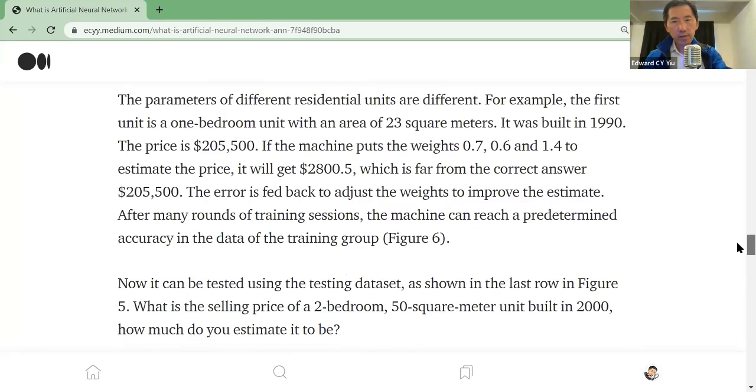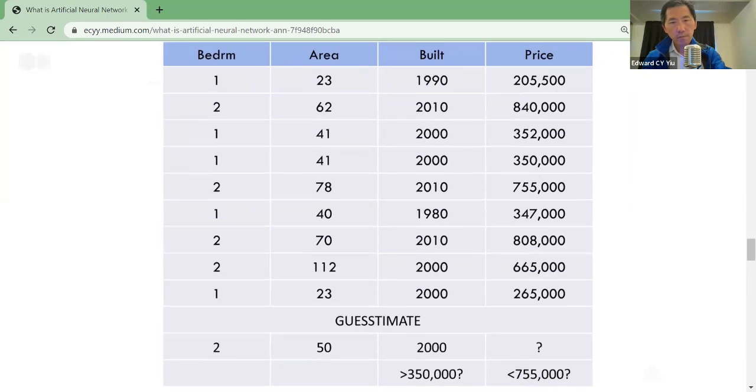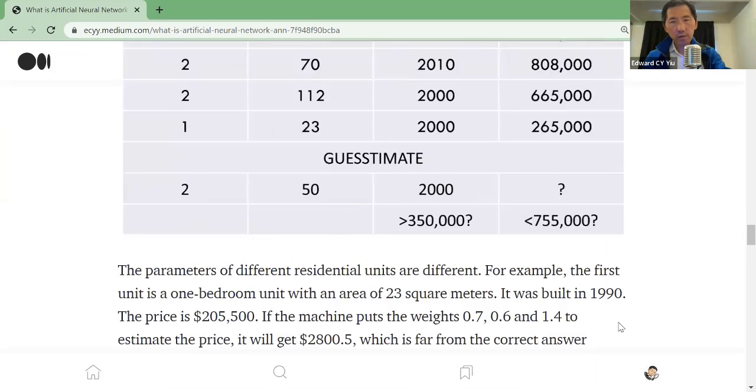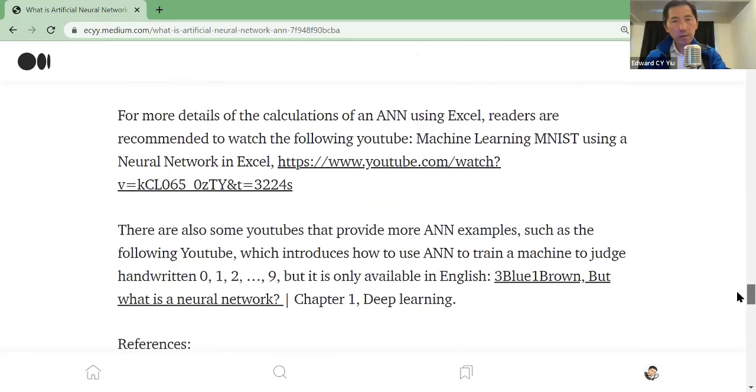Then after the training, we can provide testing sessions. Say, for example, we ask how much would it cost for a 2-bedroom, 50 square meters house built in year 2000. So to test whether the system is accurate enough.